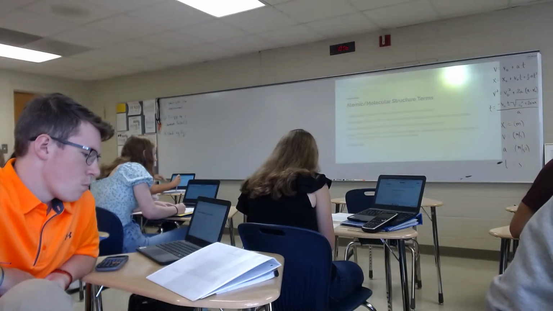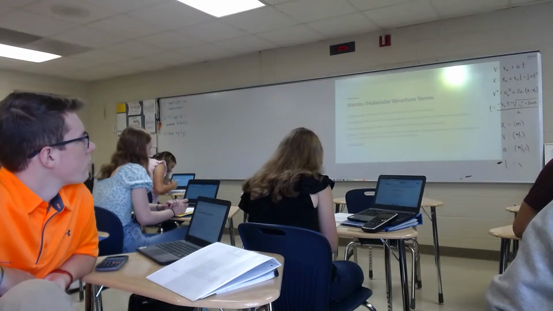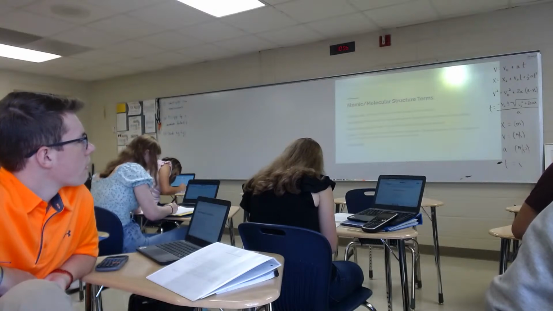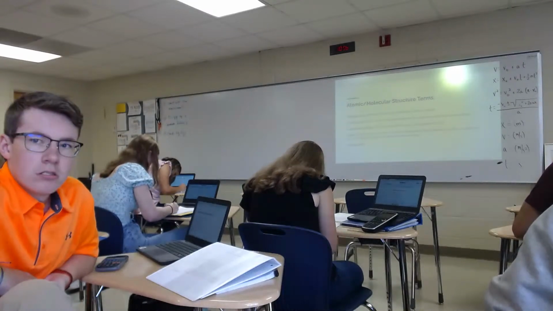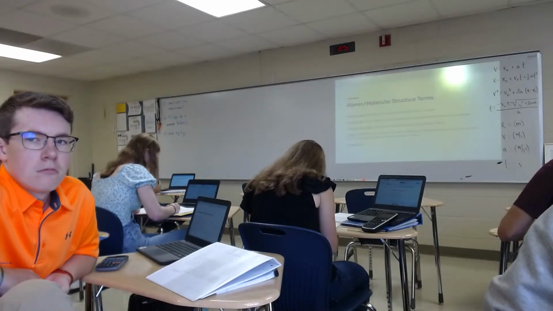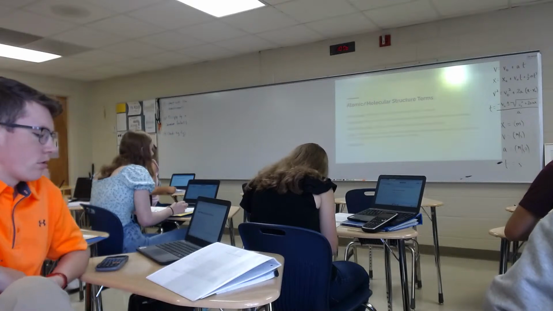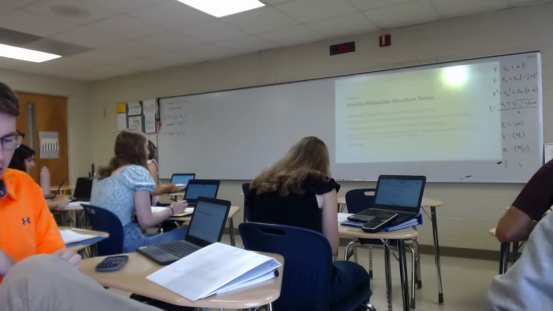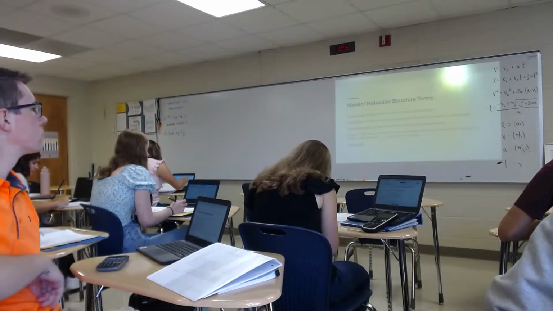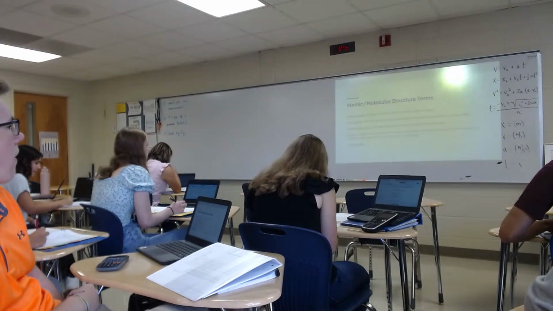A mass number is how many protons and neutrons are in a single atom. So that's not on the periodic table. That second number there is not the mass number. A mass number only applies to a single atom. Different atoms of the same element can have different masses. But the second number you see on the periodic table is the average of all the mass numbers of all the atoms that exist in that sample.